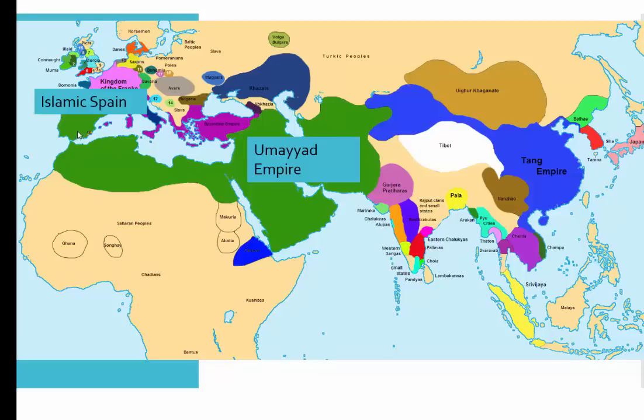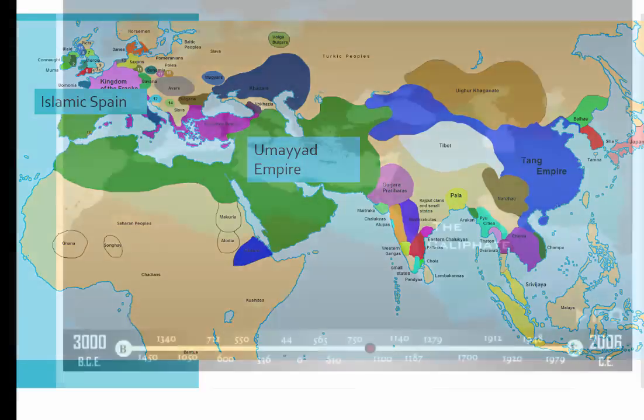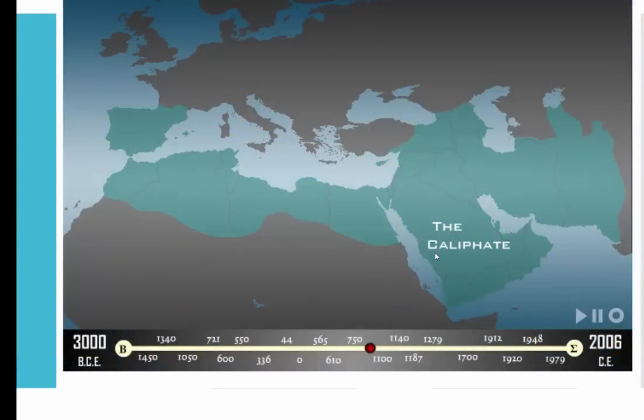Spain over here was also an independent Islamic empire. So this caliphate or empire, we'll talk more about this word caliphate, spanned all the way across Northwest Africa as far as Iran and Afghanistan today.